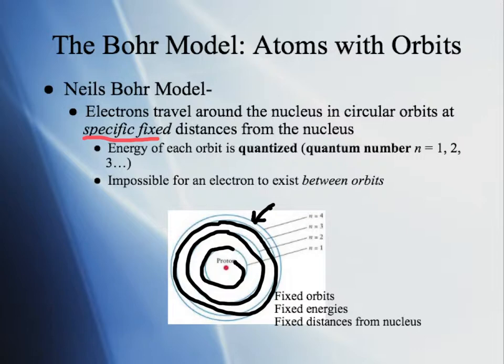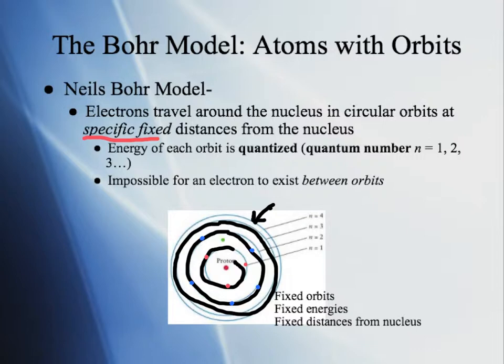He said that there are fixed orbits, each orbit has fixed energies, and each orbit is a fixed distance from the nucleus. And it's impossible for an electron to be between orbits. So electrons have to stay in the orbits. They cannot be between orbits.